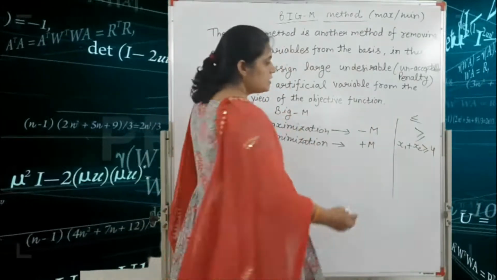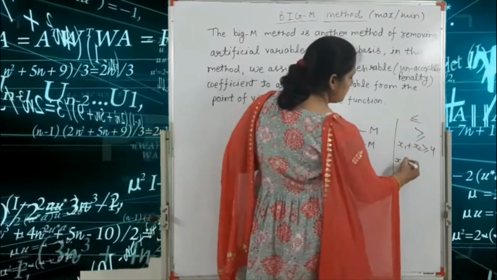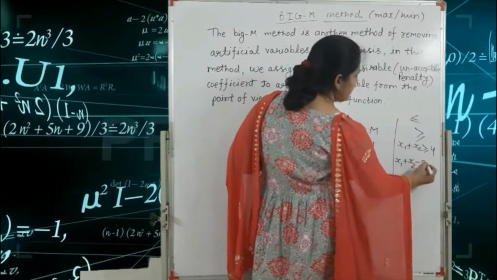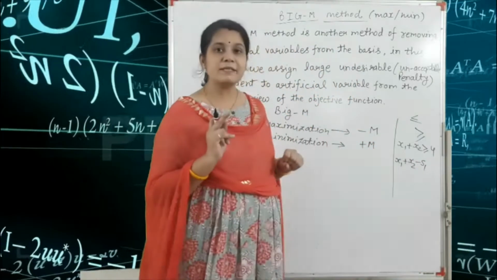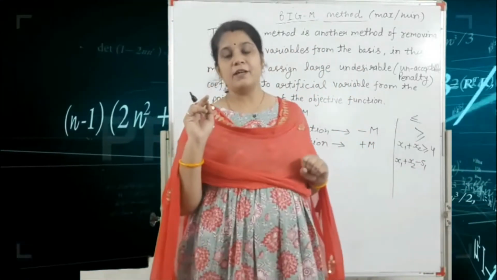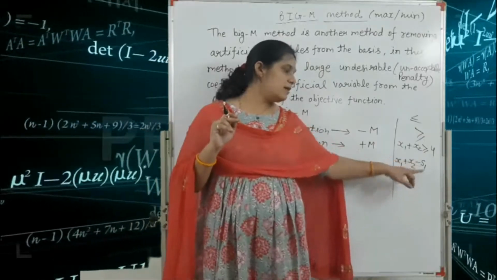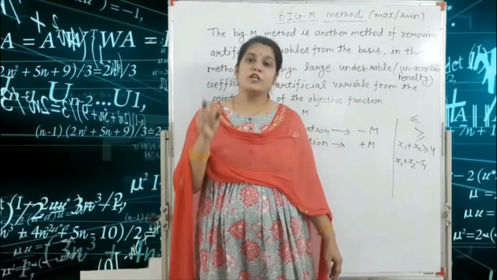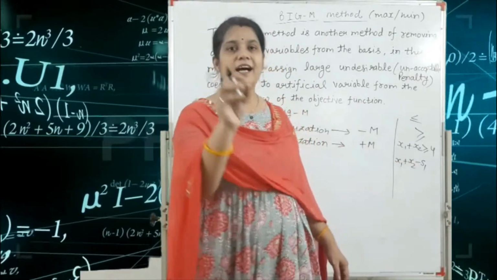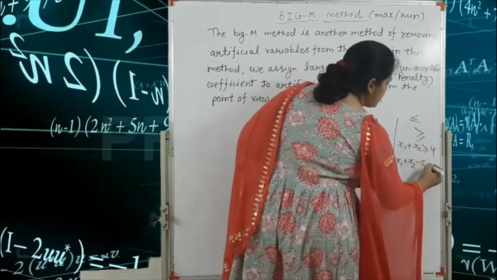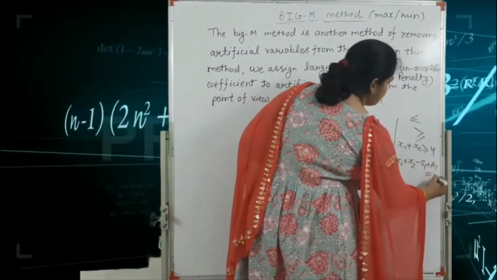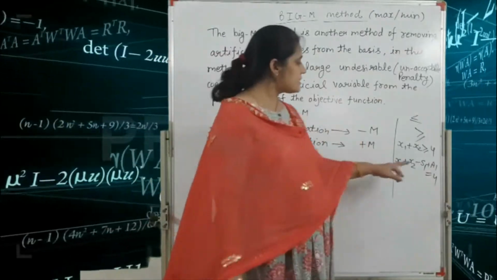So we write x1 plus x2 minus s1, where minus s1 is the surplus variable. If we use the minus s1, you must also write the artificial variable, A1.